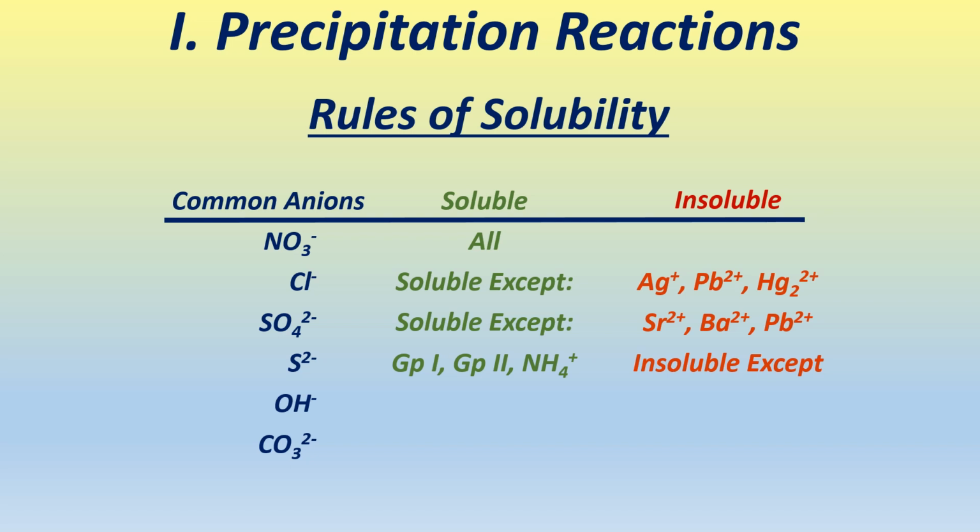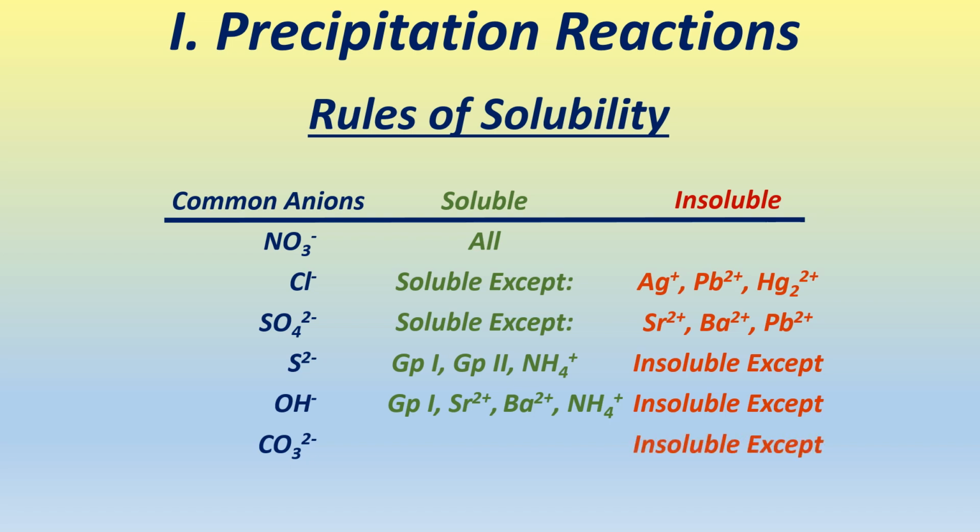Hydroxides are also generally insoluble, with the exception of group 1, strontium and barium ions, and again the ammonium. Carbonates are almost exclusively insoluble, with the exception of lithium ion and ammonium carbonate.